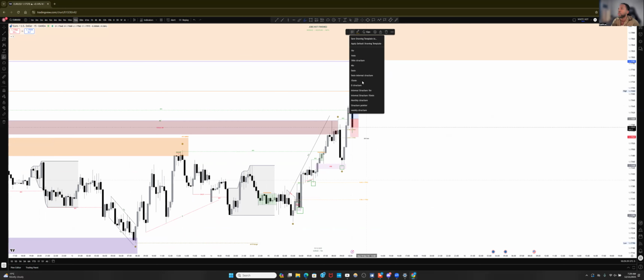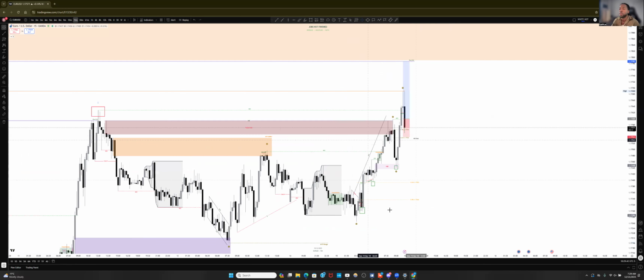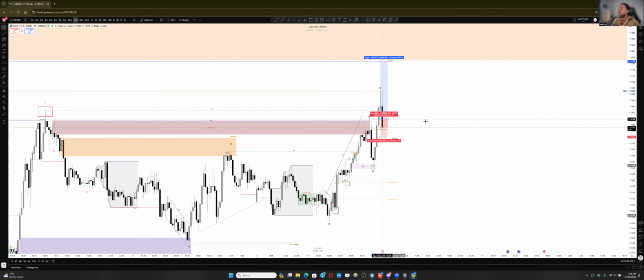There's no news, nothing. It's just strong price movement. We broke this high, broke this high. So yes, I agree, price does need to retrace. So this could potentially be a retracement towards these levels.